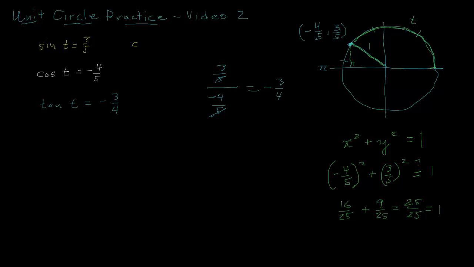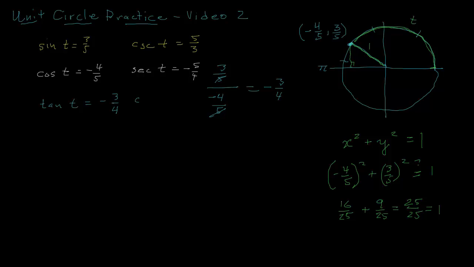Now let's do the reciprocals. Well, the reciprocal of 3/5 is just 5/3, which is the cosecant. The secant is just the reciprocal of negative 4/5, which would be negative 5/4.